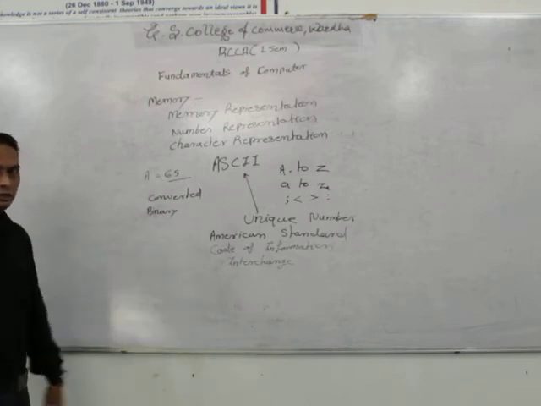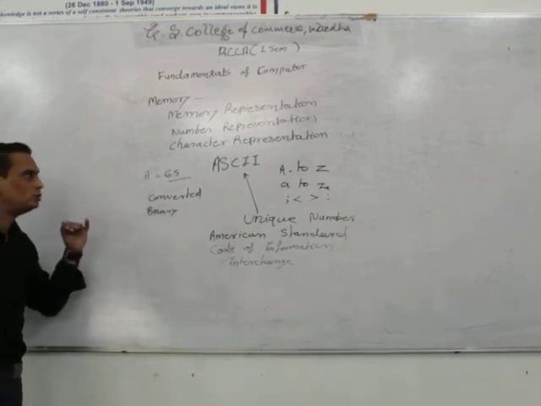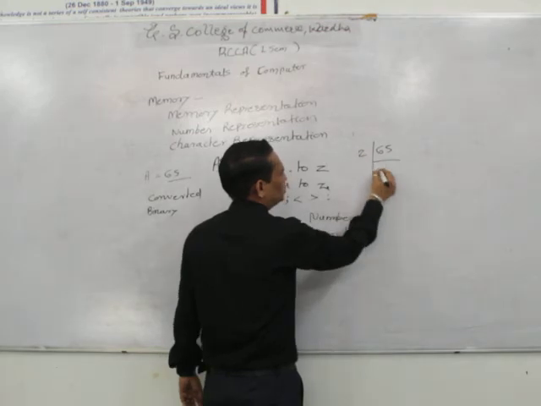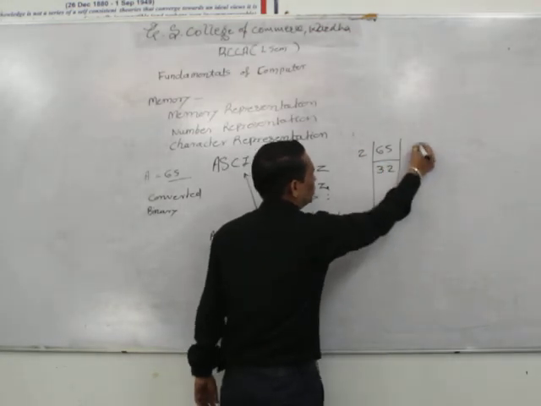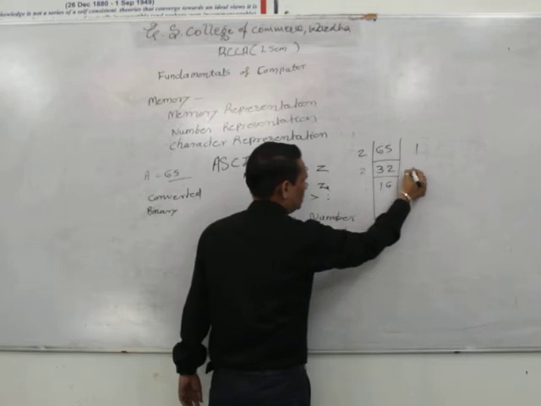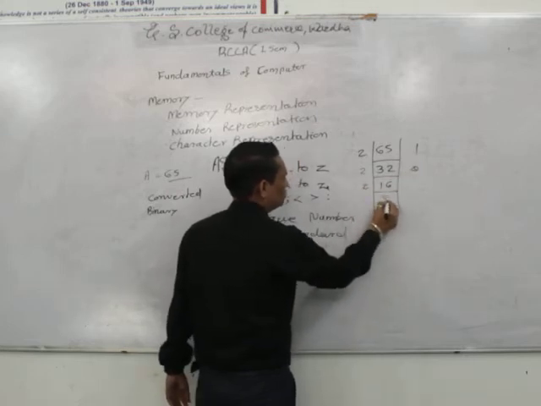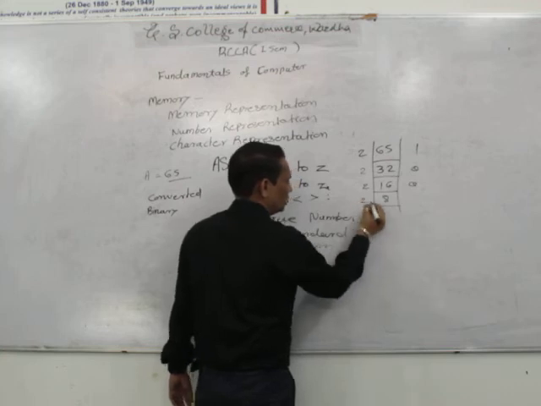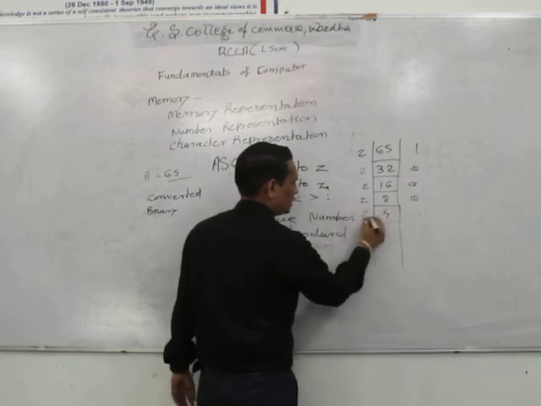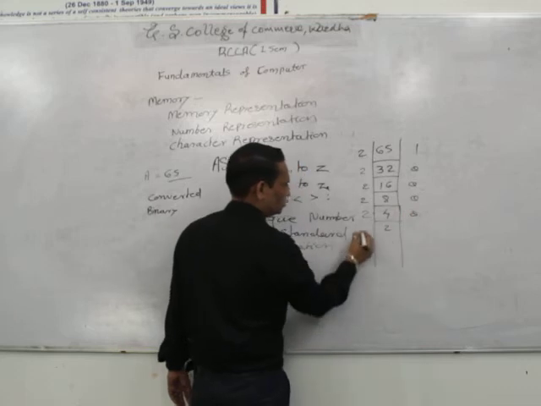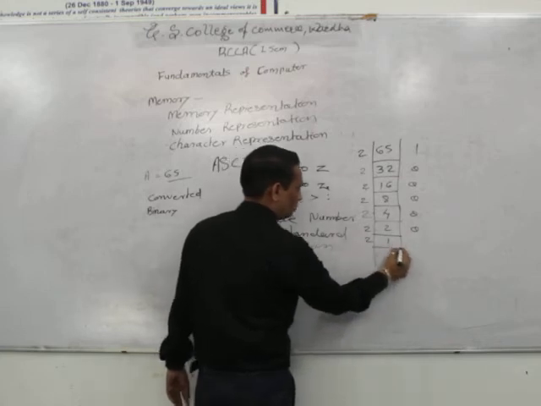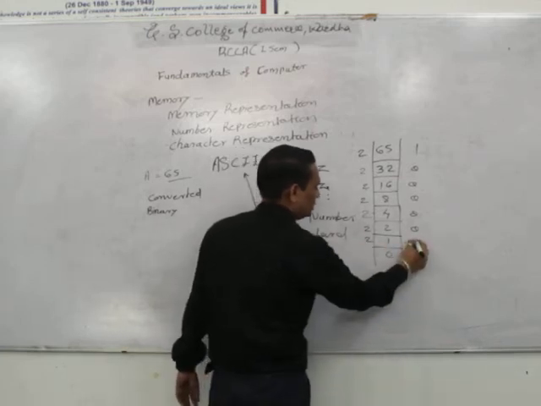Just like we convert a decimal number into binary, the same way 65 divided by 2 remaining 1, 32 divided by 2 remaining 0, 16 divided by 2 remaining 0, 8 divided by 2 remaining 0, 4 divided by 2 remaining 0, 2 divided by 2 remaining 0, 1 divided by 2 remaining 1.